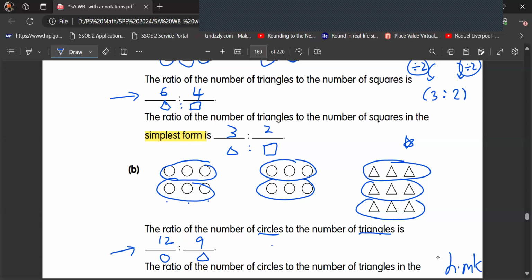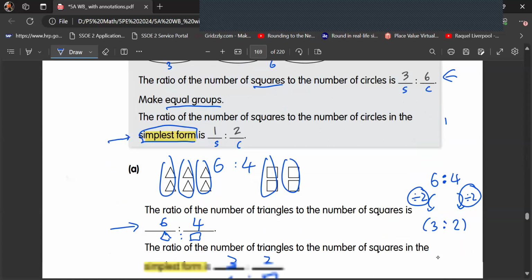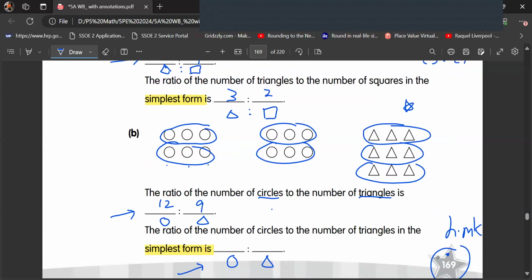You can see that it's divided by 3 because it's 12:9, circles to triangles. Then divide by 3, that's the equal grouping, such that you get 4:3 as the simplest form. So 4 units of circles and 3 units of triangles.